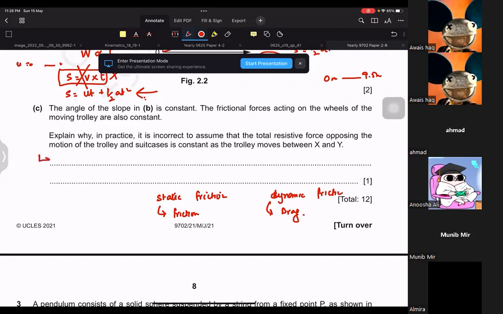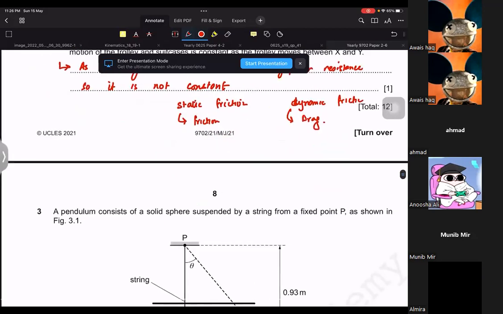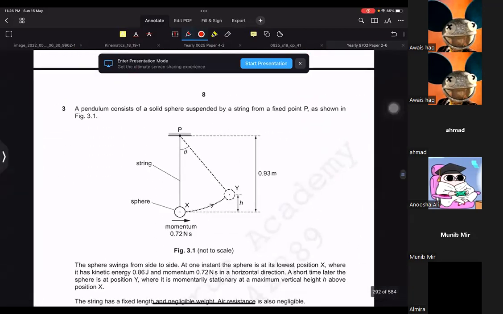So here I would say that as velocity increases, so does drag, or you can write air resistance. Drag is a general term. In water, it could be water resistance, whatever. So velocity increases, so does air resistance. So it is not constant.